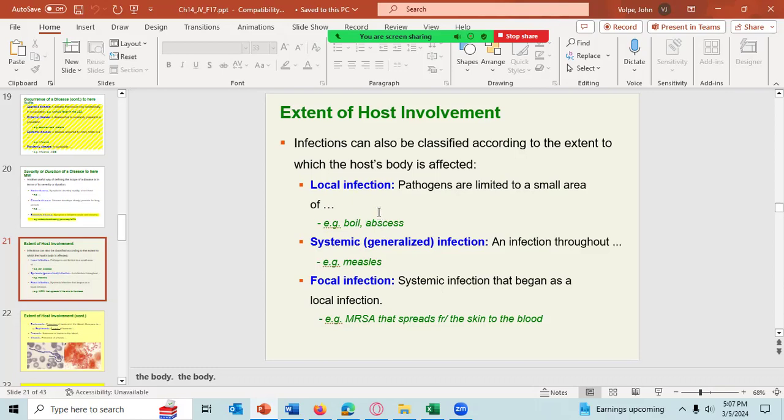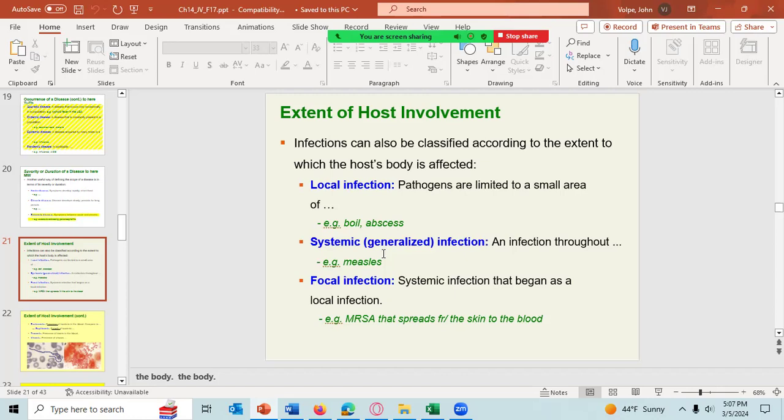An abscess is a local infection. That differs from a systemic or a generalized infection, an infection that can go throughout the entire body, such as the measles. When a patient, usually a child, gets the measles infection, they get it on more than their skin. It is carried by the blood, and the virus is growing in many different cells in the body. So it's a systemic infection.